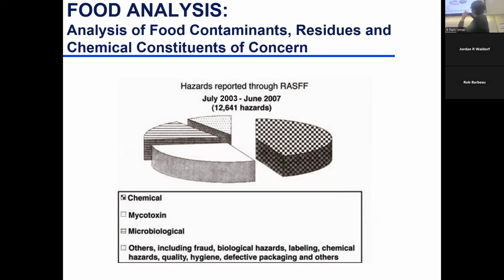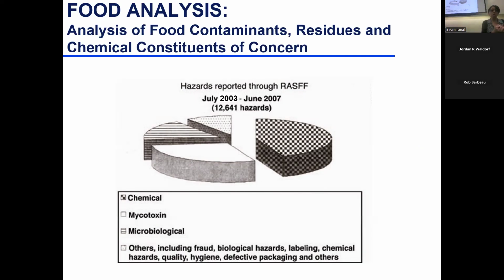Another big category includes fraud, like adding melamine, for example, biological hazards, and labeling issues, like sometimes the ink from the label. Do you know why cereal boxes, when you open, have the inner plastic bag? That is to prevent any ink from the outer packaging getting into your food, due to components of the ink that can be hazardous to us.